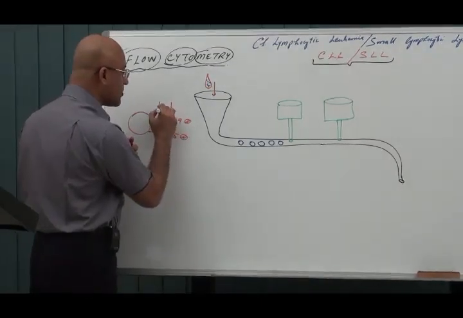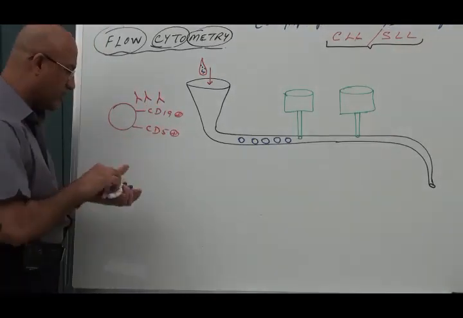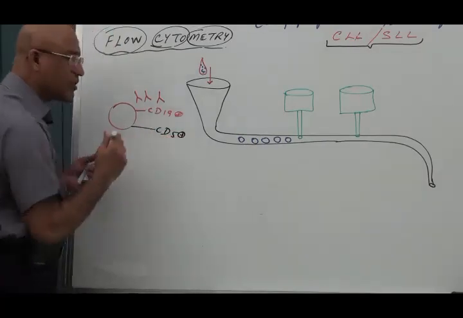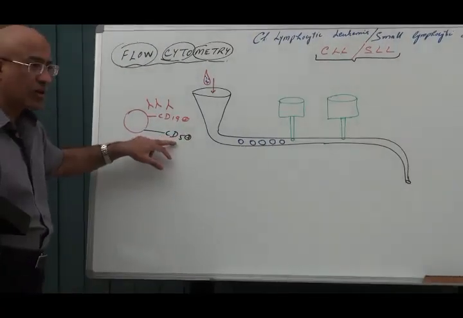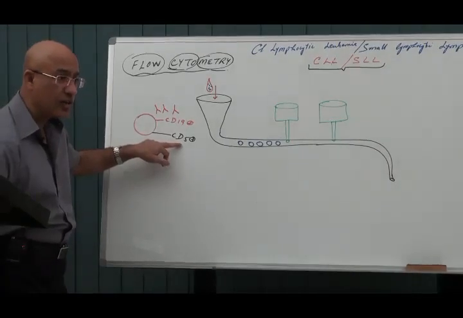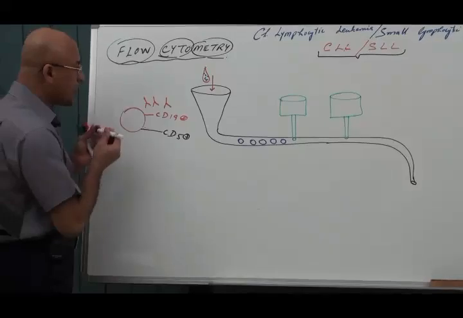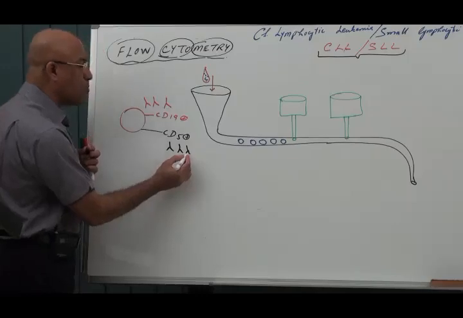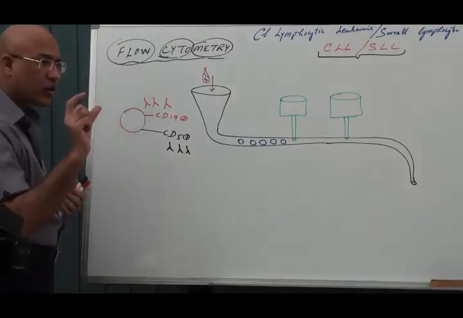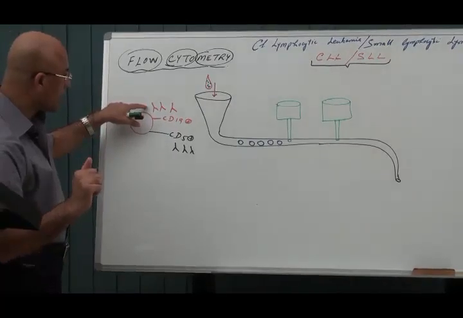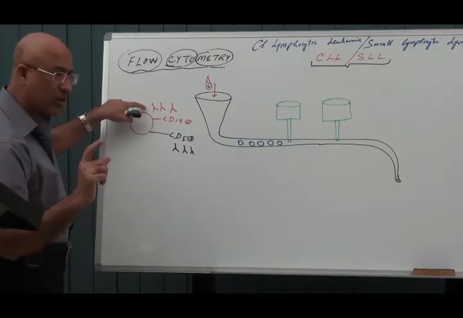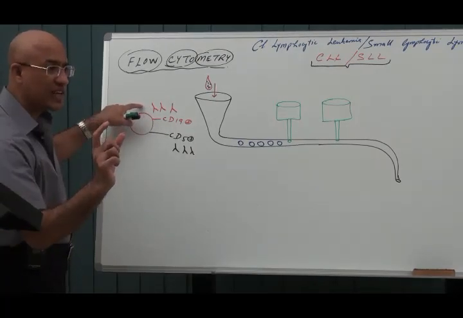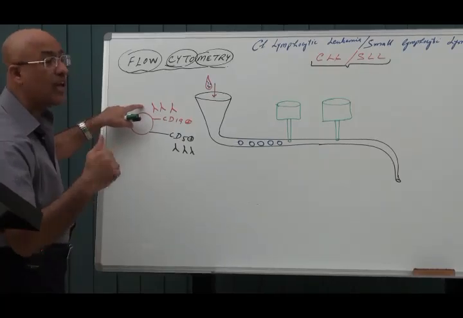And in the same way we get antibodies directed against CD5, a protein molecule. So we can have anti-CD5 and anti-CD19 antibodies. These are called monoclonal antibodies because the clone of cells which produce them are genetically identical, derived from one cell. We call them monoclonal antibodies.